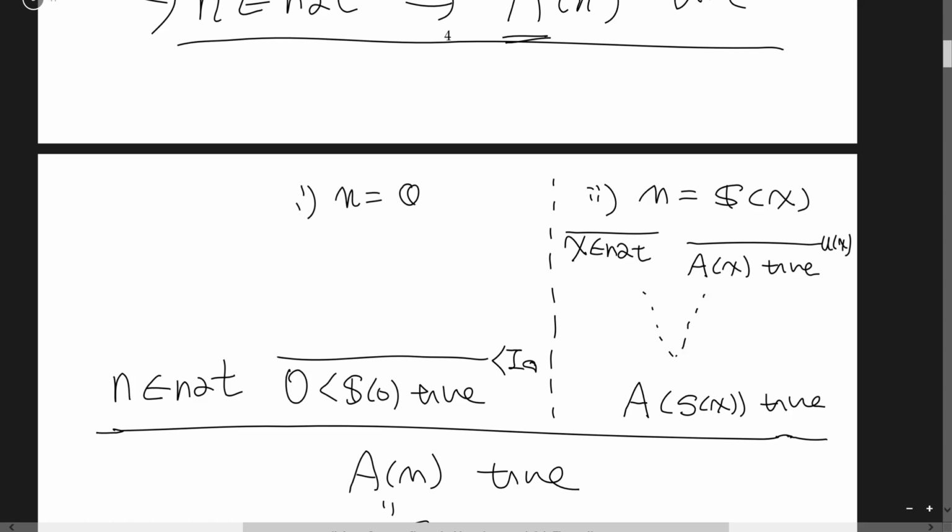Now let me expand this A of x and A of successor of x. So this one expands to x is smaller than successor of x is true. And this one expands to successor x is less than successor of x is true.